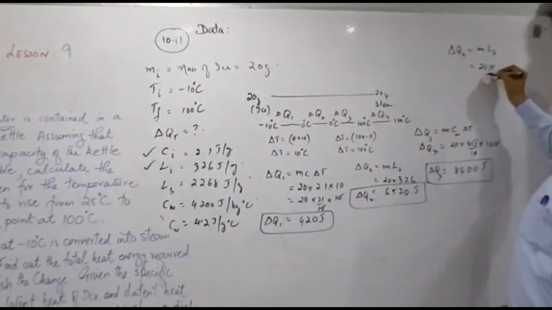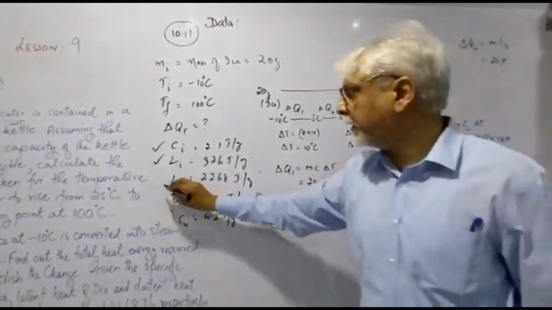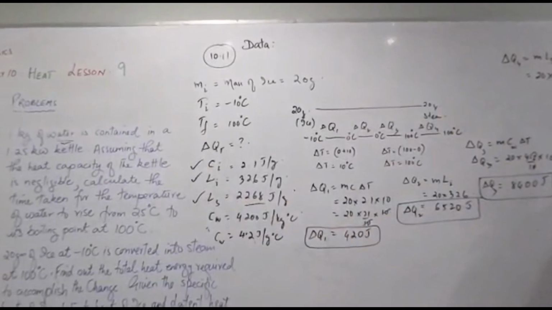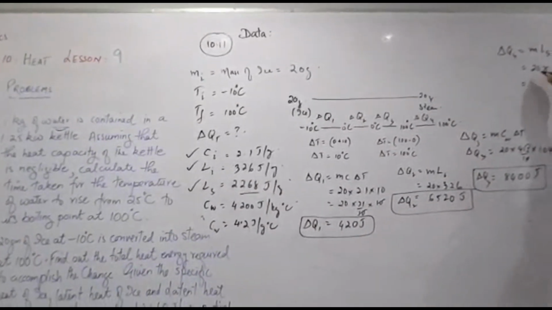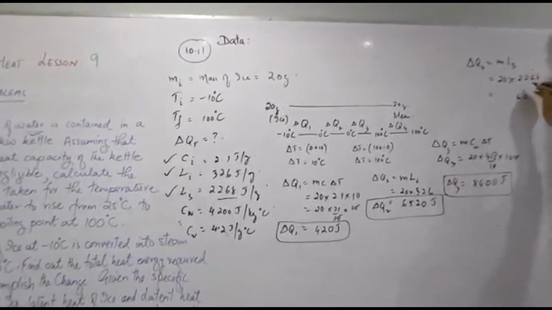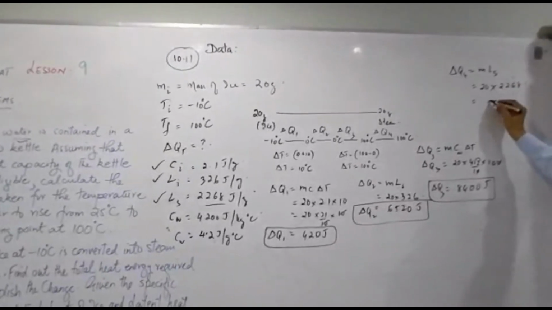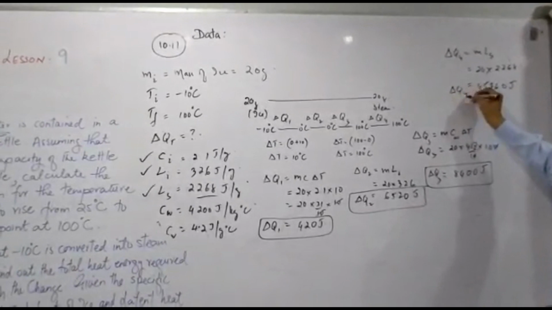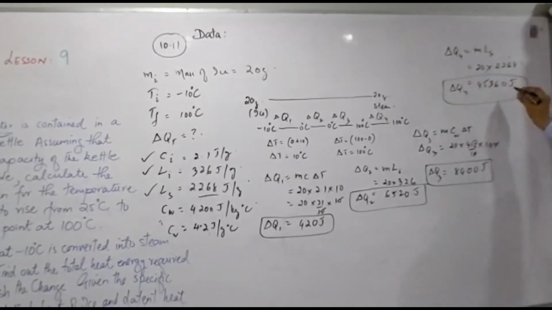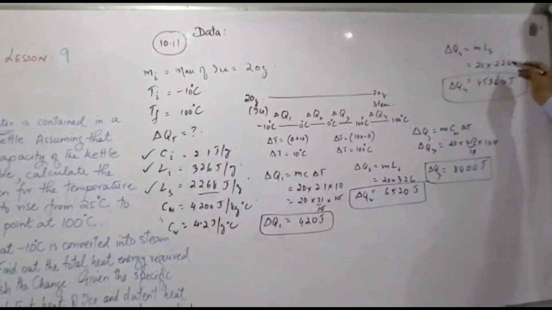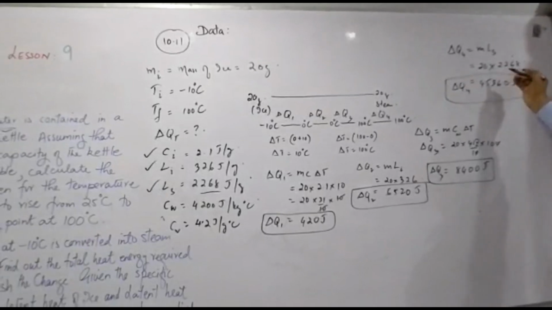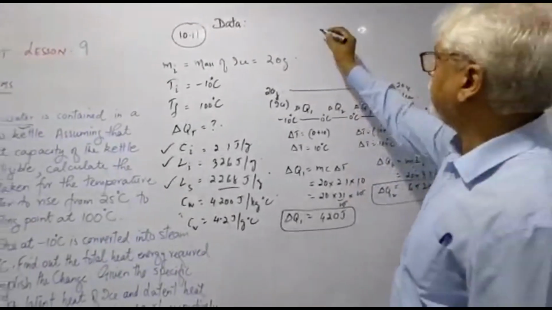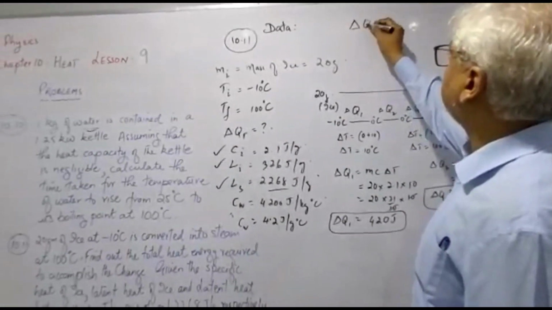Mass remains 20 grams, and latent heat of steam, as you can see over here, is 2268. 20 times 2268 gives 45,360 joules. This is delta Q4. Let's check it once again. Now, delta Q, that is the total heat change.